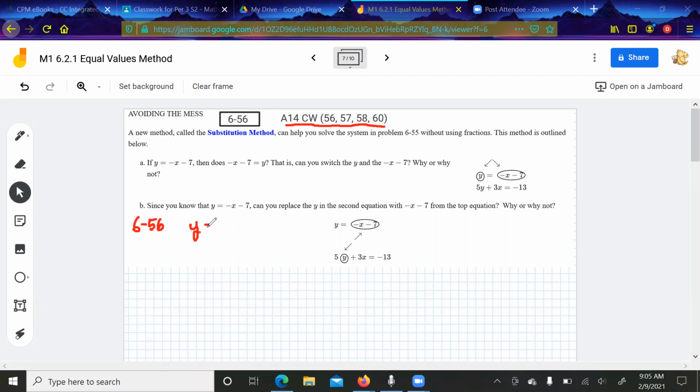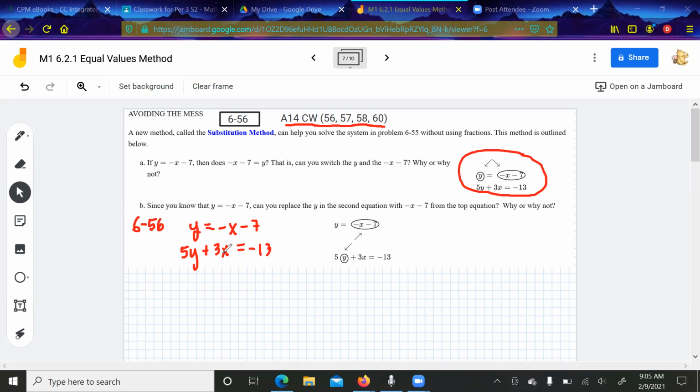First equation is y equals, I'm copying from here, negative x minus 7. The second equation is 5y plus 3x equals negative 13.